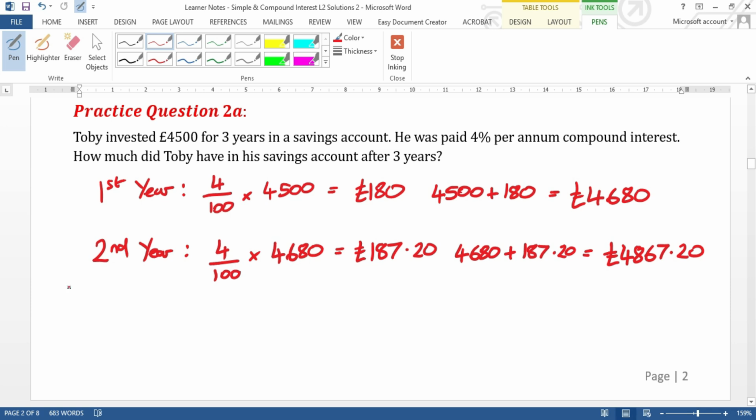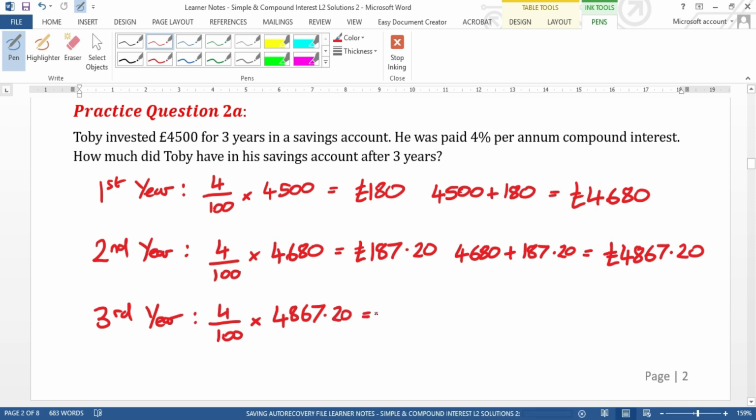Then for the third year, I have to do one more, don't I? Third year, 4% of the new amount, 4,867.2. That gives me, oh wow, it looks a bit unusual. Let's just go with it: 194.6. In fact, it looks like this on my calculator.